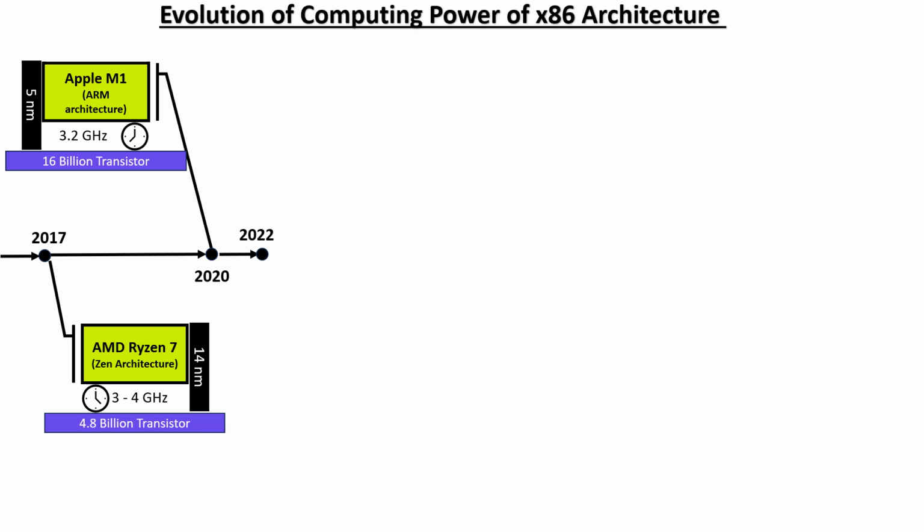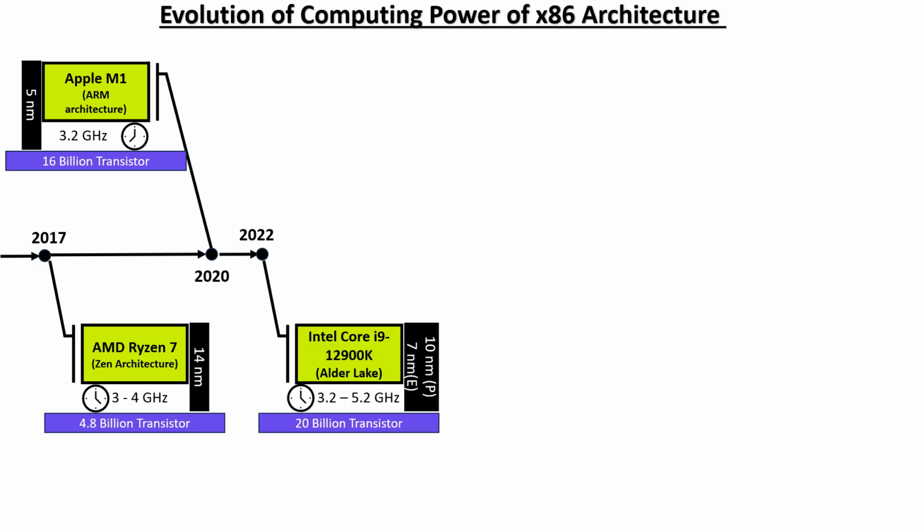In 2022, Intel Core i9 processors were launched, which have a greater number of transistors, like 20 billion transistors. The working space was around 7 nanometers, and the clock speed increased to 5.2 gigahertz.